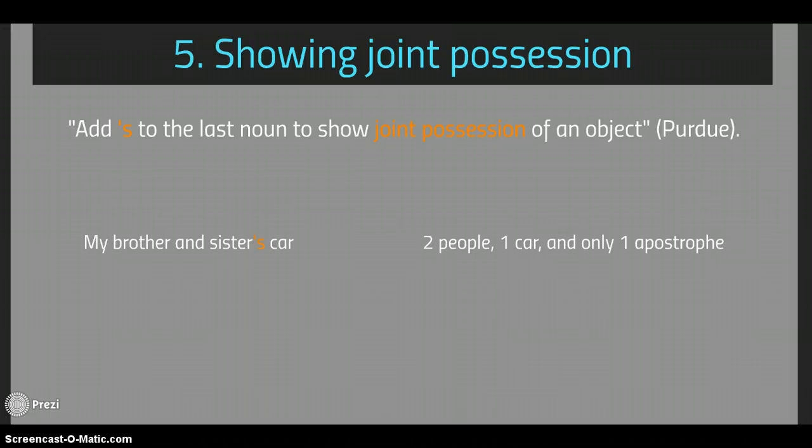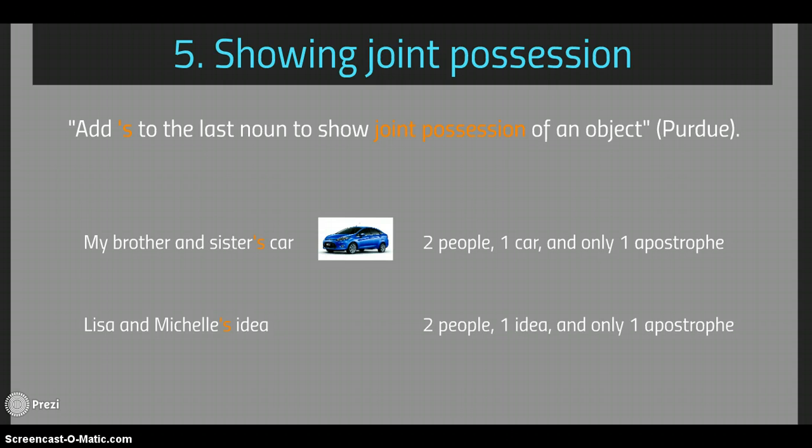So it's sister apostrophe S. This shows that we're talking about both of their car. Lisa and Michelle's idea. Again, we have two people, one idea, and only one apostrophe, which is going to go after the last noun, which in this case is Michelle, so it's Michelle apostrophe S. So we have two people and one idea, it's their idea.